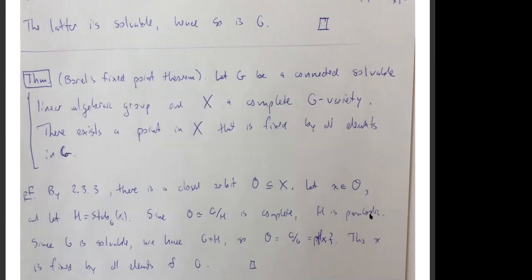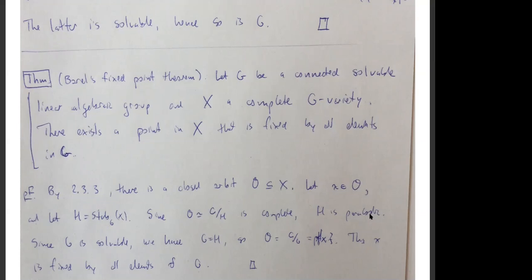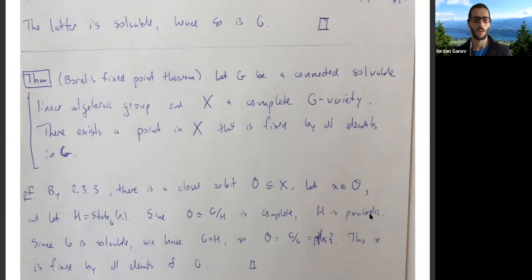Why is G mod H complete again? Any closed subvariety of a complete variety is again complete. Why is the quotient complete? The quotient is complete because it's closed. So the quotient is the orbit.